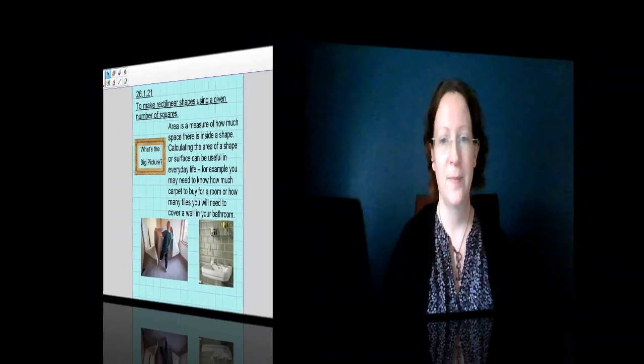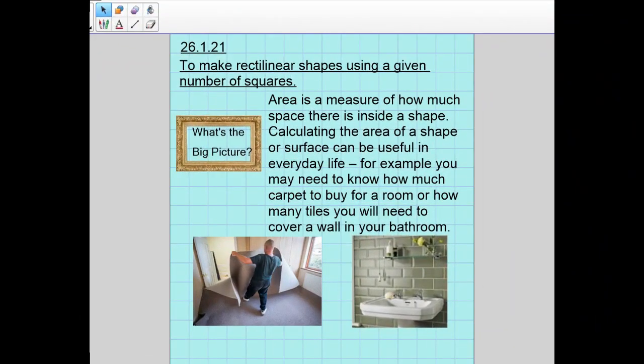Yeah, that's 24 again. What's 3 times 4? Good job. It's 12. What is half of 12? Excellent. That's 6. And finally, what is 5 add 5 add 8? Go. Brilliant. That's 18. We're going to continue our work on area today.